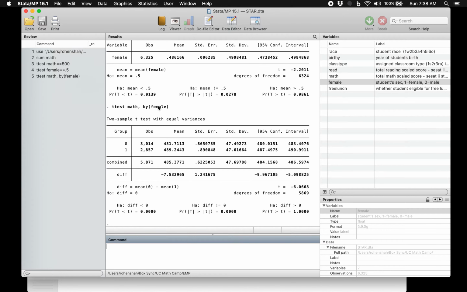So where female has a value of 0, meaning you're a man, there's 3,000 men in our sample, and their average score was 481. But females, their average score was 489, right? So the difference, the thing that we're really after, is -7, for example. That males are scoring 7.5 points less than females.